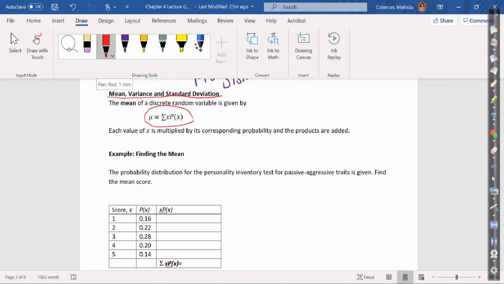You're going to take the sum of all of the x's multiplied by P of x. So one more time, if you do order of operations, you're actually going to multiply first. So you're going to multiply x times P of x. And then add.